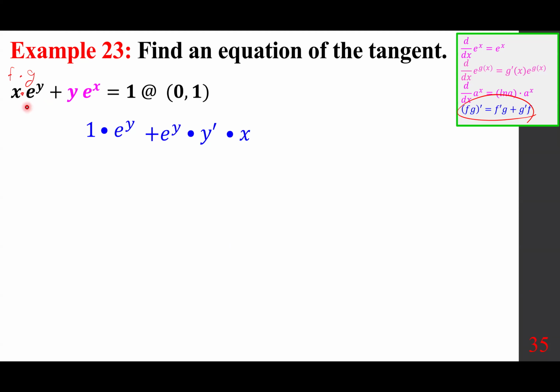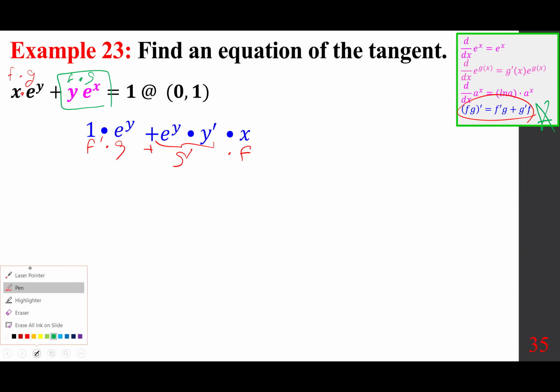So that's this part. For this part, this is f prime g plus g prime f. Now let me use a different color. For this part, this is f and this is g, and we are going to use the product rule again.